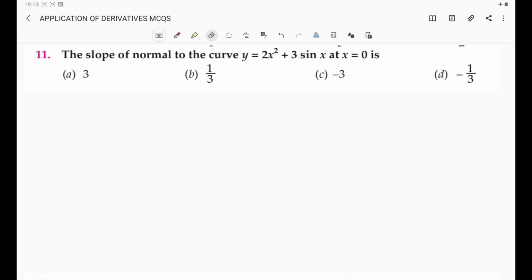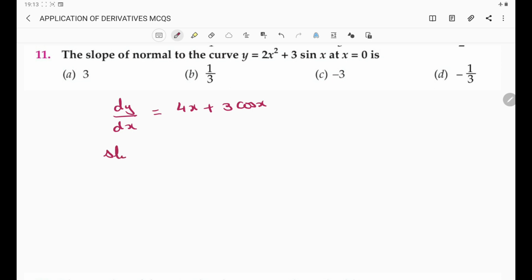Question number 11. The slope of the normal to the curve y is equal to 2x cube plus 3 sin x at x equal to 0. So let's find the dy/dx first. We get dy/dx is equal to derivative of 2x cube is 6x plus 3 into derivative of sin x is cos x.